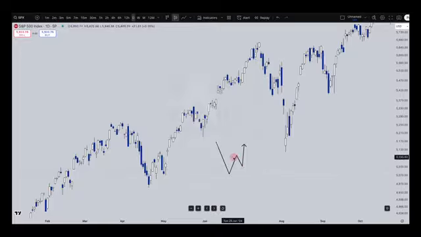So how to trade this mitigation block slash failure swing: when price returns back to this region right here, which was the previously created swing high, you want to look for buys. The concept is sellers who took the short position on this leg downwards are now under water as price has gone above their entries. So if price can return back to that entry point, they will close for break even.